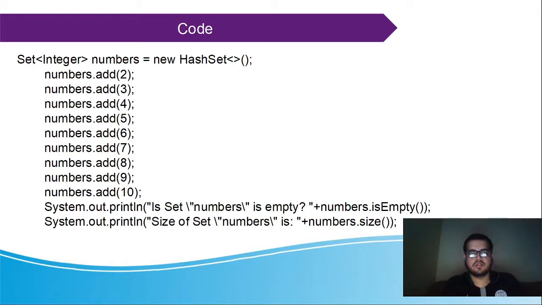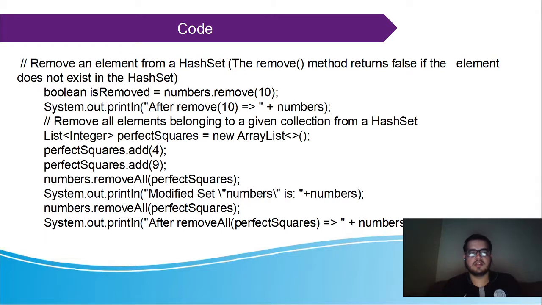Now I'm going to return the size of the HashSet, and now I'm going to test the remove functionality. If I want to remove 10 from the HashSet, if the element 10 is present in the HashSet, it will return true, otherwise it will return false. In my case 10 is there, so 10 will be successfully removed.